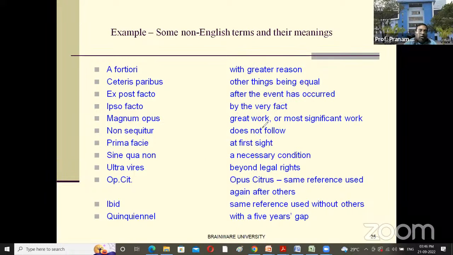And another very important word, that is quinquennial. Quinquennial means with a 5 years gap. Now the 5 years plan has been abolished, but in my thesis I had to mention this frequently because 5-year planning were prevalent in those days, and I had to take the 5-year planning data.